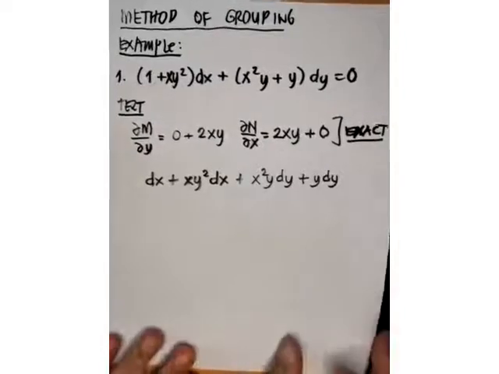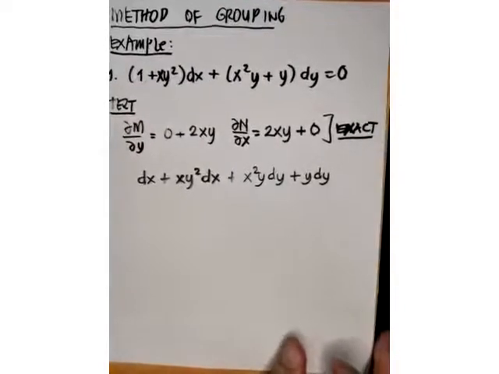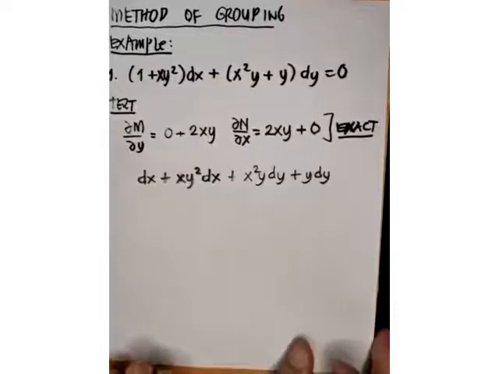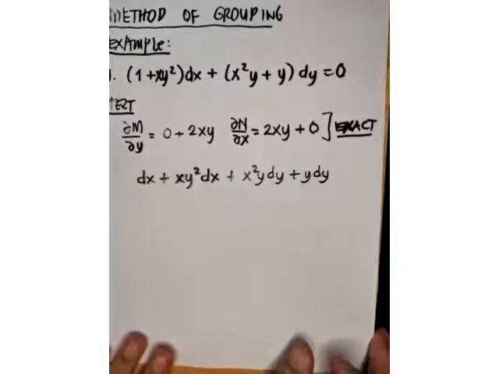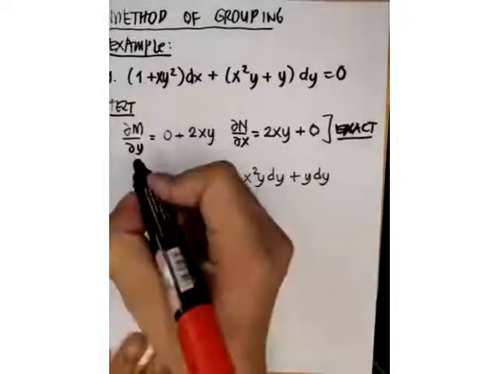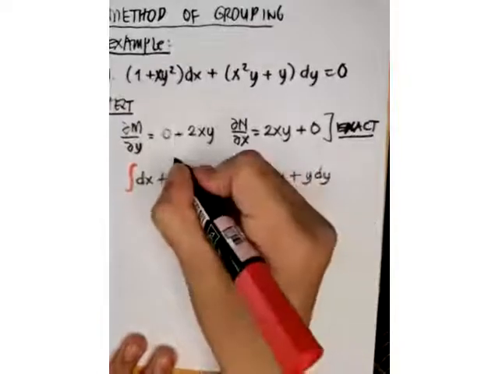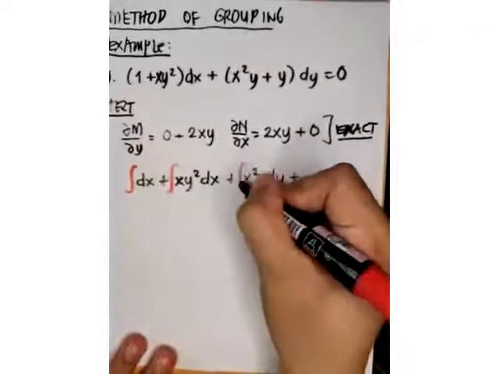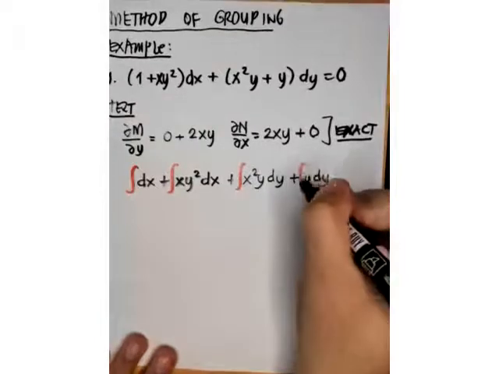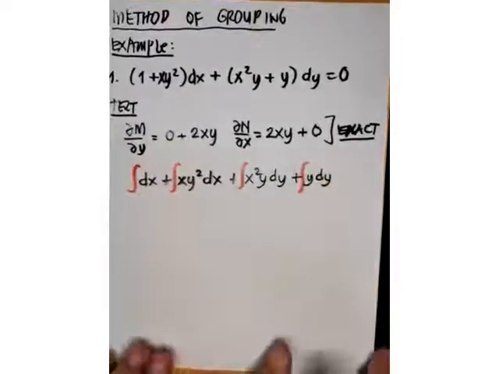Pag na-distribute na natin, ipa-partial integrate natin sila isa-isa, bawat term. Partial dahil magkakahalo sa ibang term yung mga x at y natin.